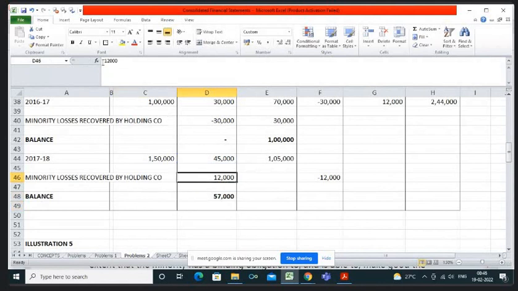This is also recovered. So 33,000 will be the minority interest after 7 years.